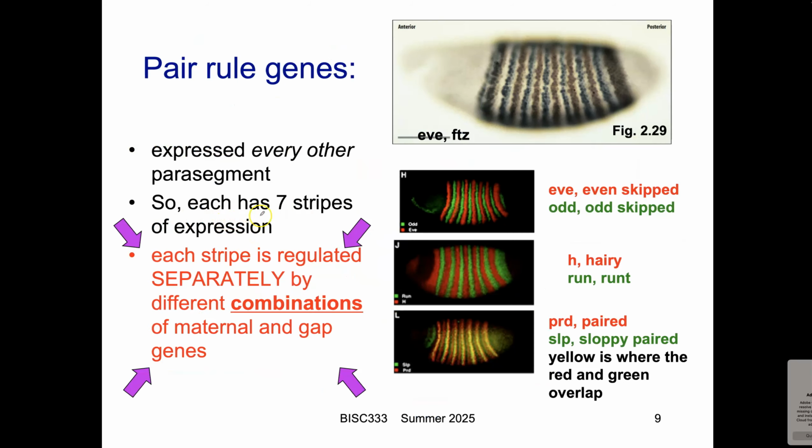Okay, so the pair rule genes are expressed in these very interesting patterns. And if you think about something like hunchback, which is not evenly distributed across the whole embryo, or bicoid, or even caudal, there's no one gene, let's say, that's being expressed in such a way that it could turn on these different stripes of expression.